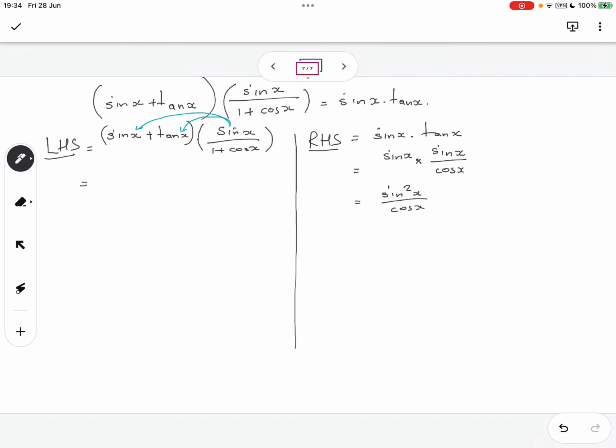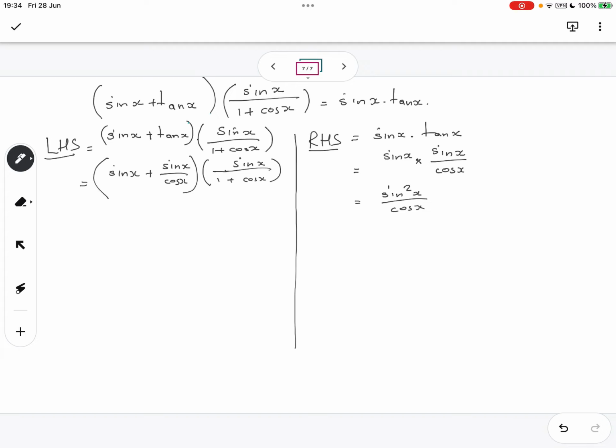Alright, so I'm gonna convert tan into the quotient identity this time around, so that I try something different. So this is plus sine x over cos x, and this is times sine x over 1 plus cos x.